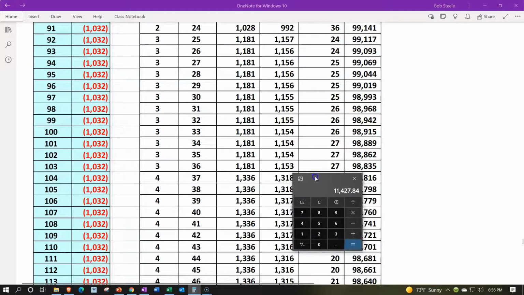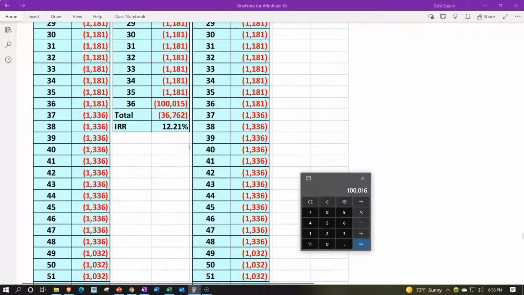So 3 years stops right there. We'd still have 98,835 plus the 1,181 last payment. That's where we're going to get this 115 or so that we still have to pay off, totaling the cash flow net of the 100 we got up top, the 36,762. IRR then at that time is 12.21, the rate at which that series of payments would be 0.